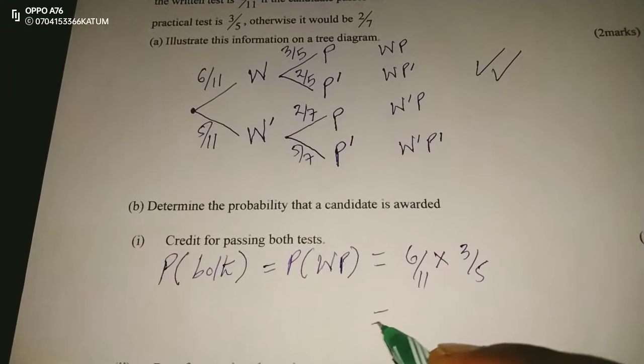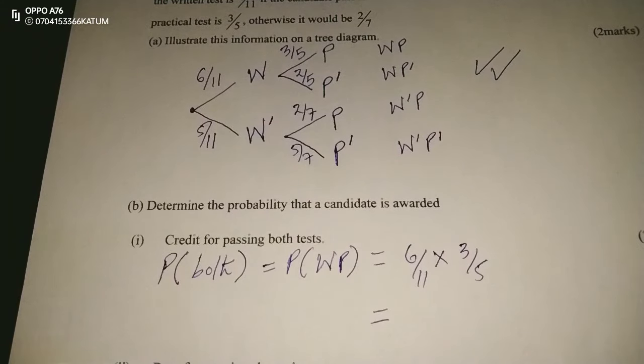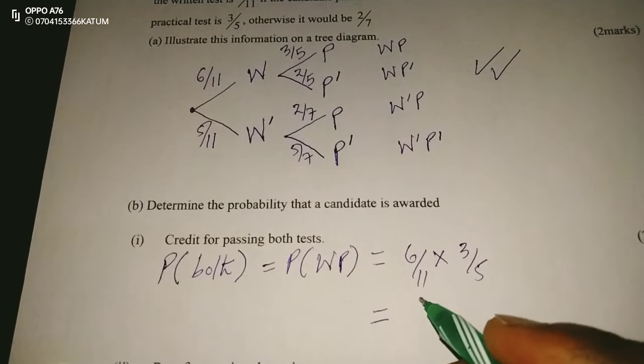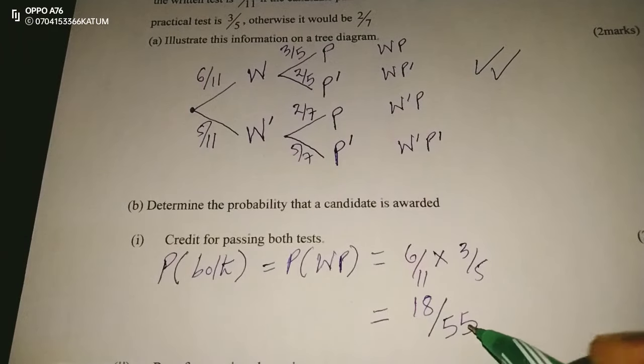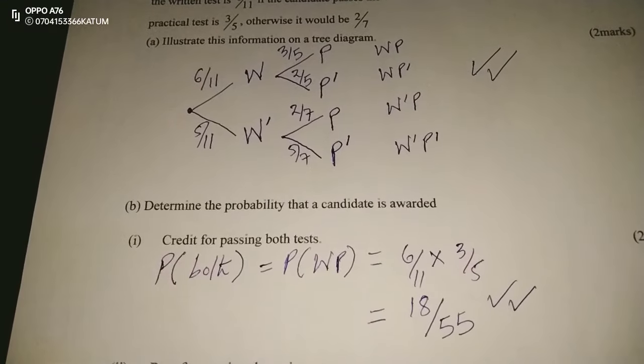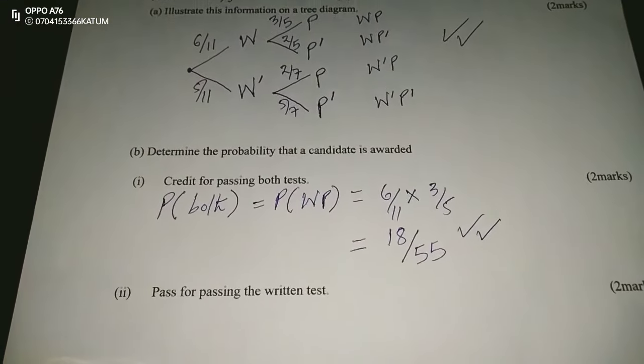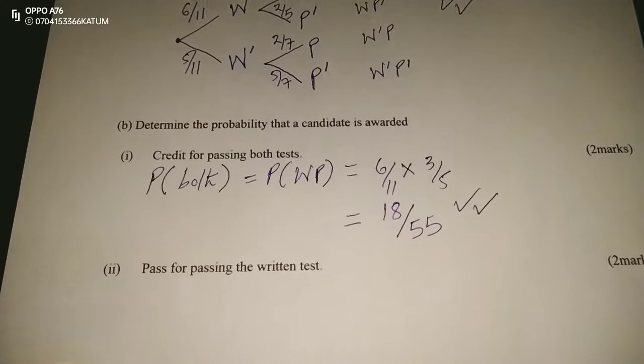So we can compute this, and we will have 6 by 3, divided by 11 by 5. This is going to be 18 out of 55 as a fraction. That is the probability that a student is credited for passing in both tests, the written and also the practical.